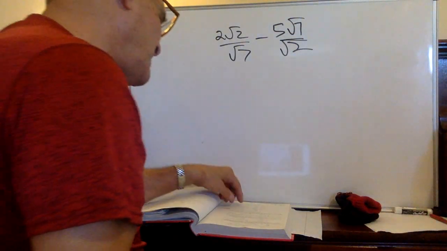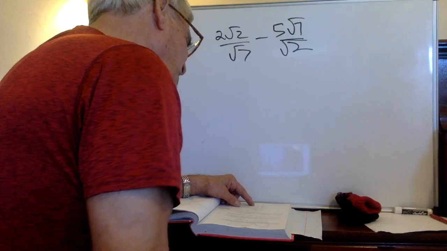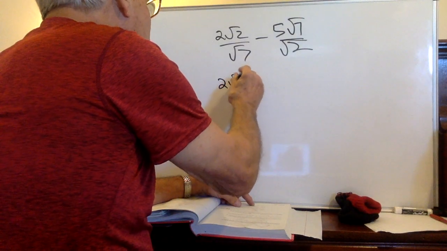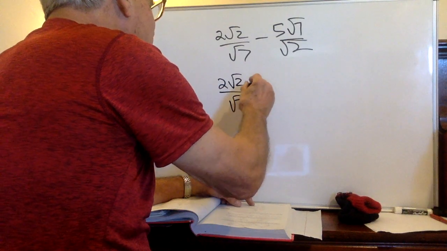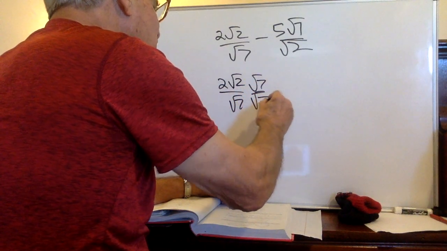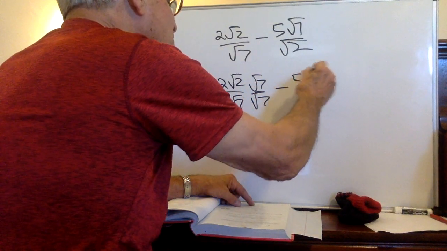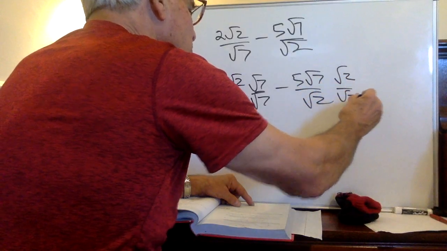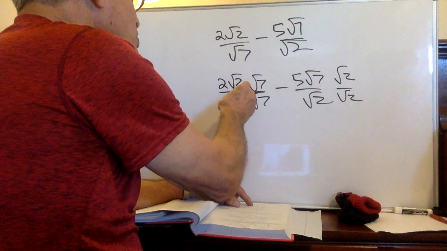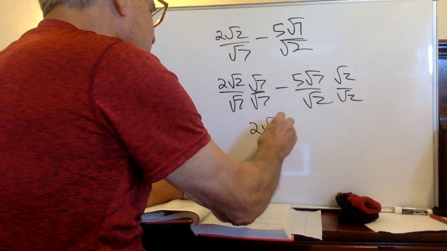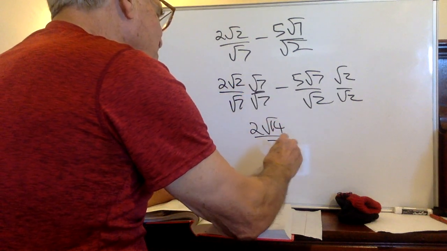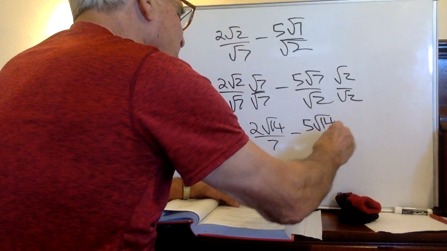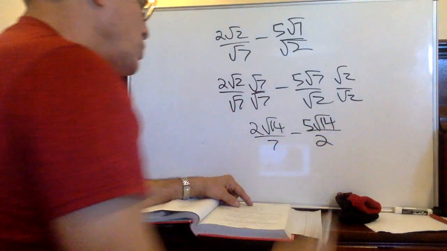Now, in this particular problem, when you rationalize, you get 2 root 2 over root 7. You need to multiply by root 7 over root 7. And here you need to multiply by root 2 over root 2. And I get 2 root 14 over 7 minus 5 root 14 over 2.